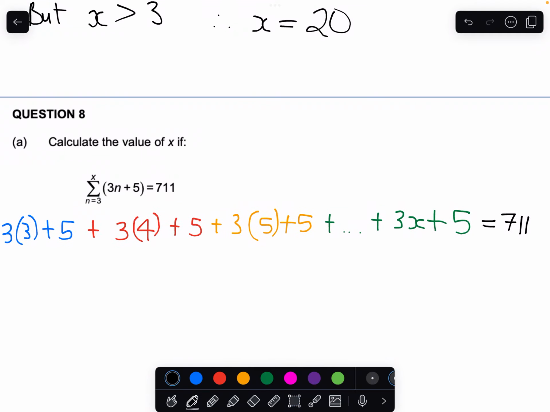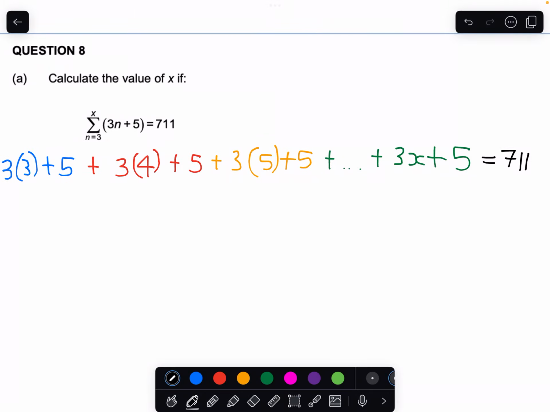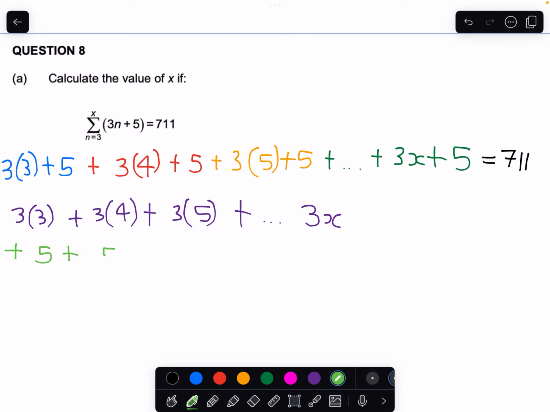Right, so another way that we could do it here is we could kind of look at this as 2 series in one, right? So there's the 3 times 3 plus 3 times 4 plus 3 times 5, and so it goes until 3x, and then there's also the 5 that we just keep adding.